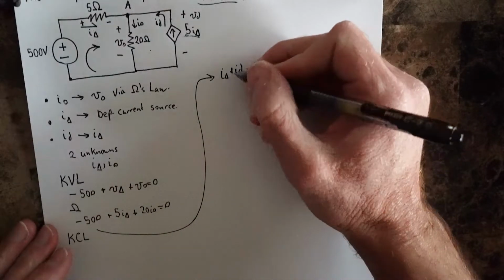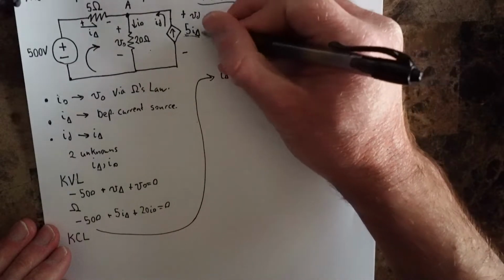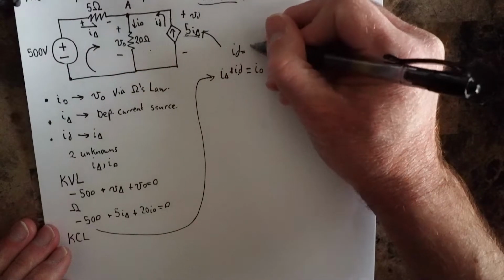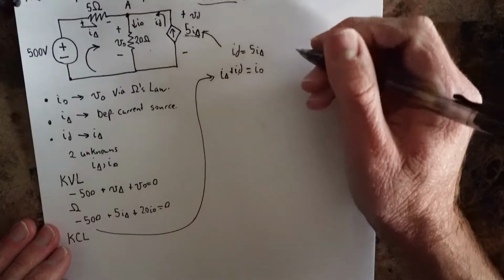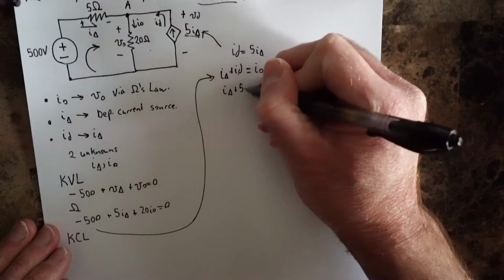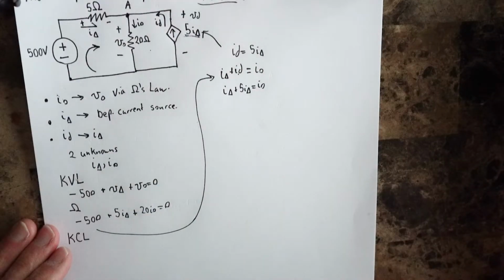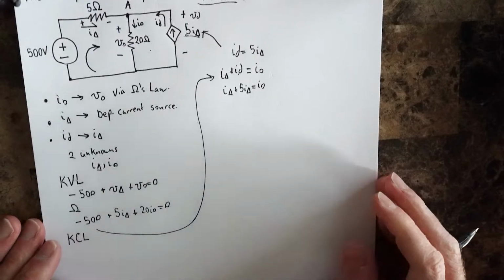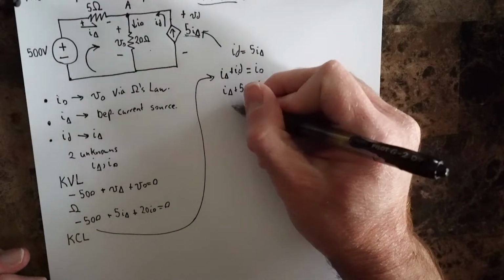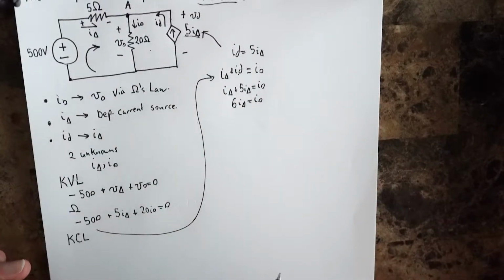Well, we've got a nice substitution that we can make right here, since ID is by definition 5 I delta. So we now have I delta plus 5 I delta is equal to I naught. Cool. So then just simplifying this a little bit, 6 I delta is equal to I0.